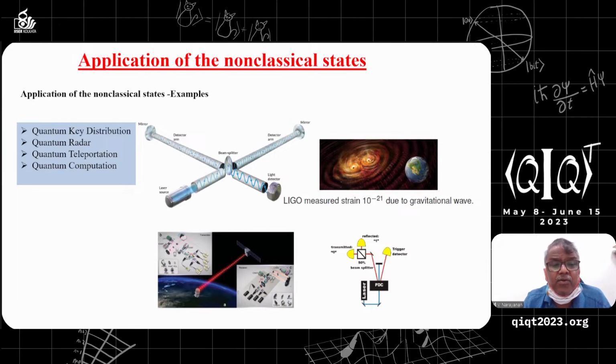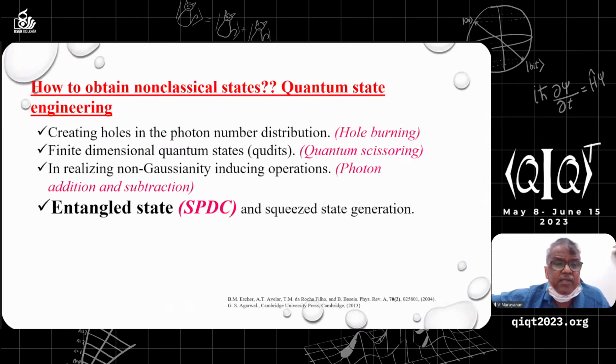So the applications include QKD, quantum radar, quantum teleportation, and quantum computing, which are some of the applications of the quantum resources of the non-classical state, which classical light does not provide, and it has its own advantage. And further, also recently, boson sampling, etc., are also in this direction.